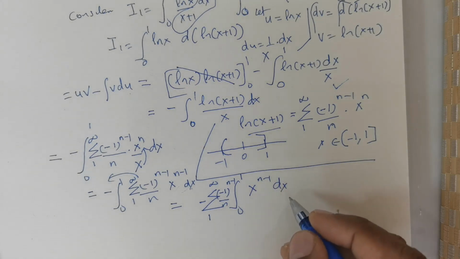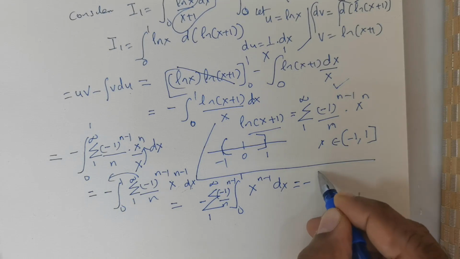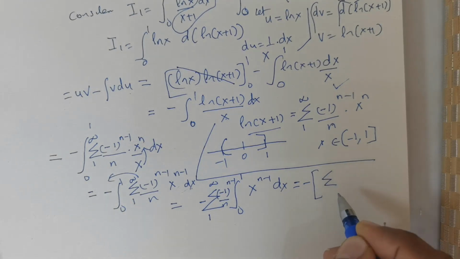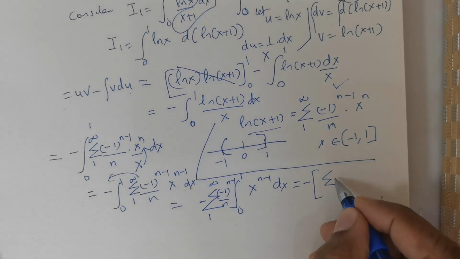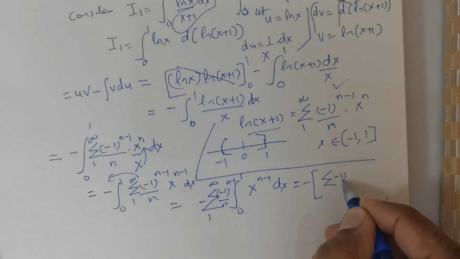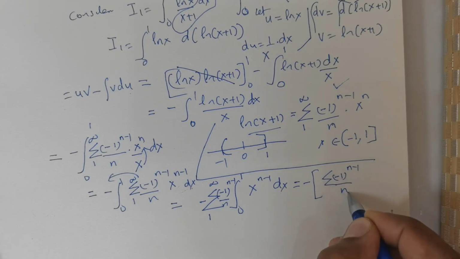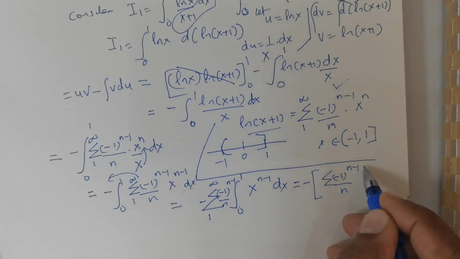Now this is a straightforward integration, so this is equal to negative sigma, (-1) raised to the power of n - 1 divided by n, that's for one part.